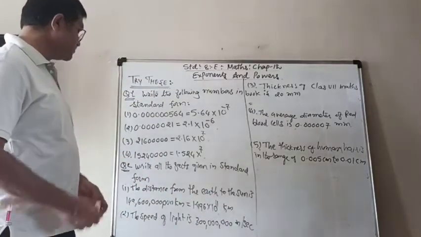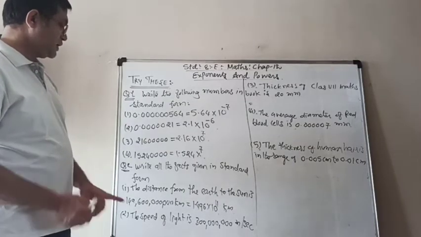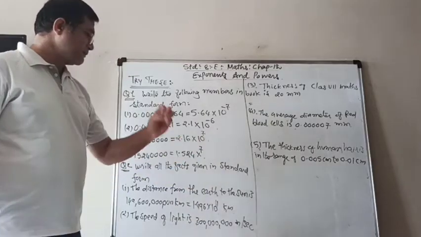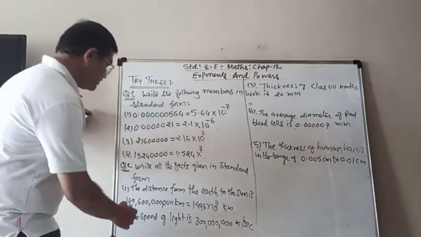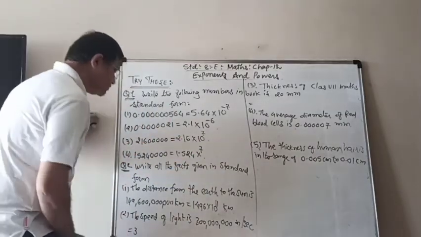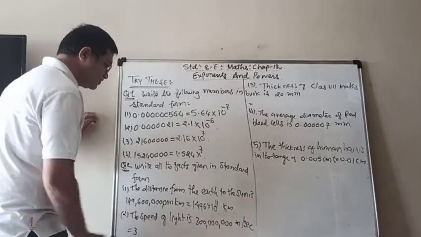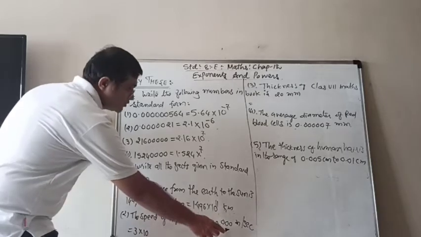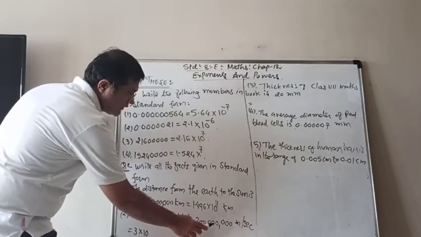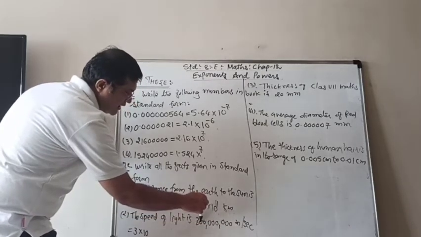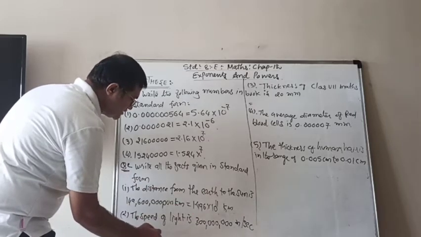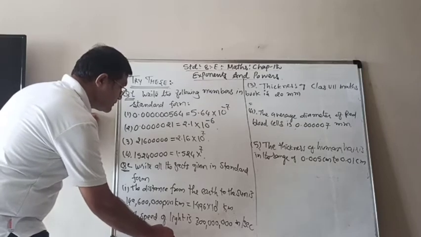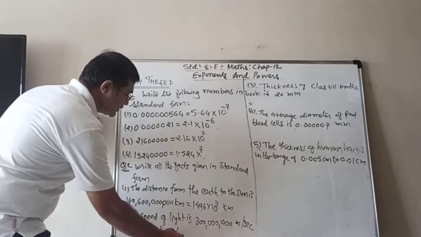Second one is the speed of light, which is 300,000,000 meter per second. So we can write down 3 or 3.0. You can write down 3 also. Multiply by 10 raised to. So we moved 1, 2, 3, 4, 5, 6, 7 and 8 digits, 8 places. So 10 raised to 8 meter per second.